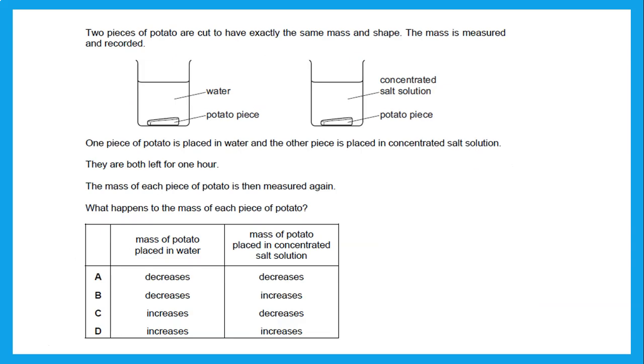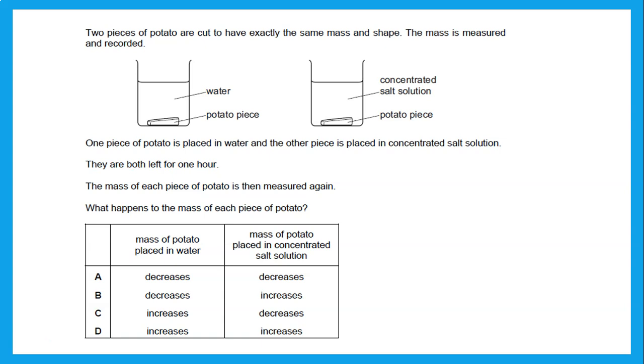What about this one? It says 2 pieces of potato are cut to have exactly the same mass and shape. The mass is measured and recorded. One piece of potato is placed in water and the other piece is placed in concentrated salt solution. They are both left for 1 hour. The mass of each piece of potato is then measured again.